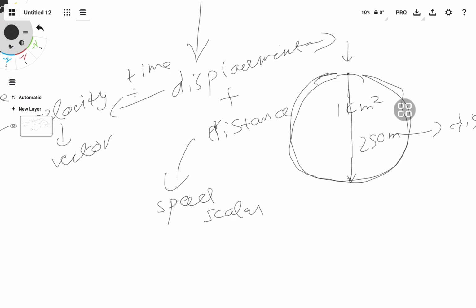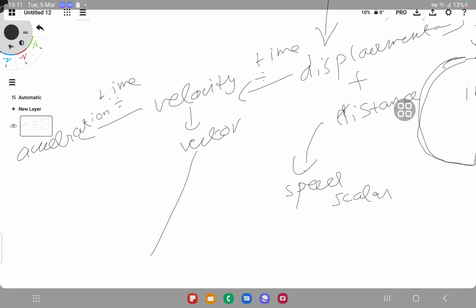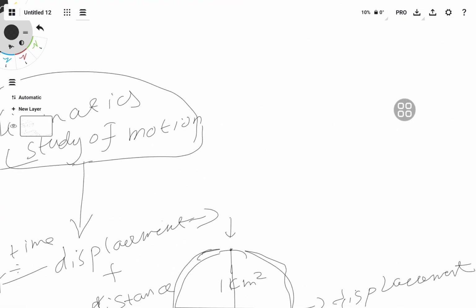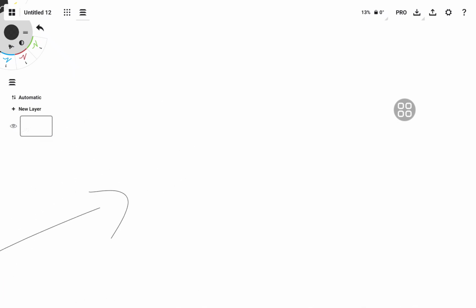So we have this. Next we have graphs for everything. Let's just draw them here. We have a displacement time graph, which is like this.